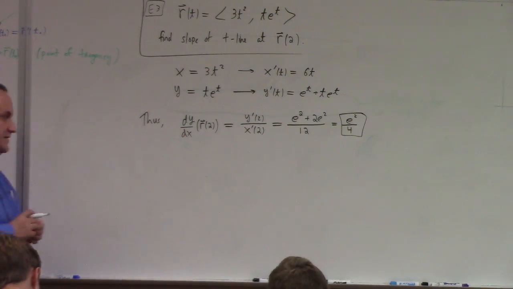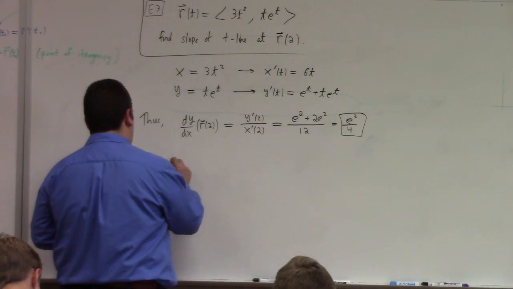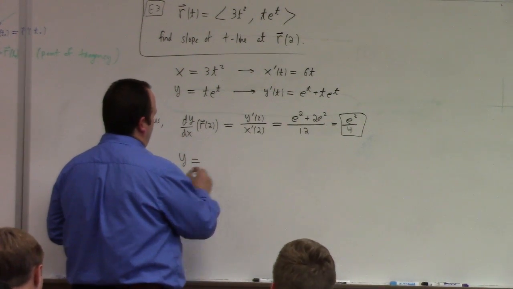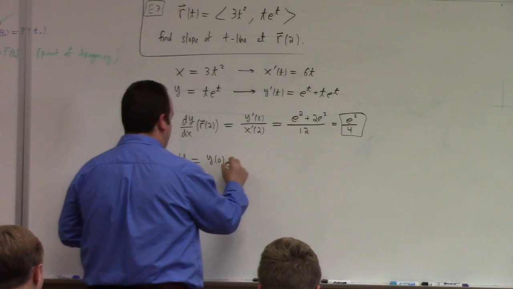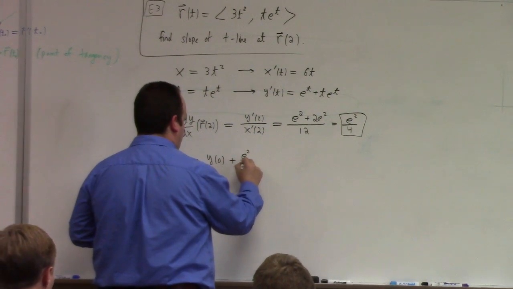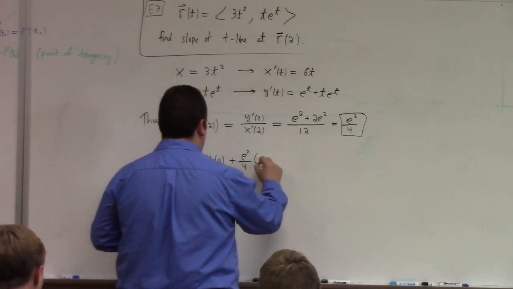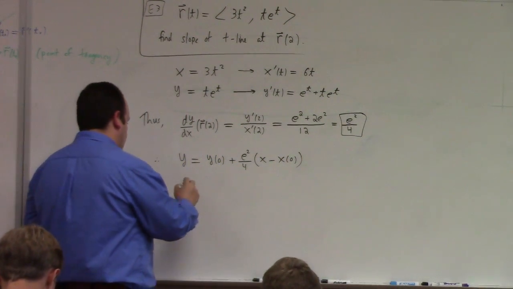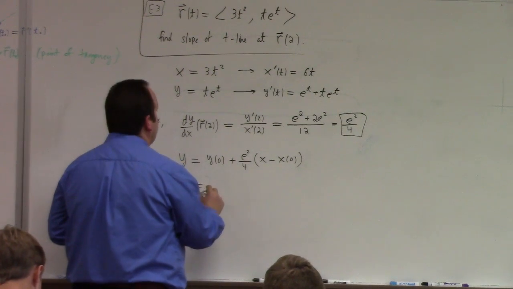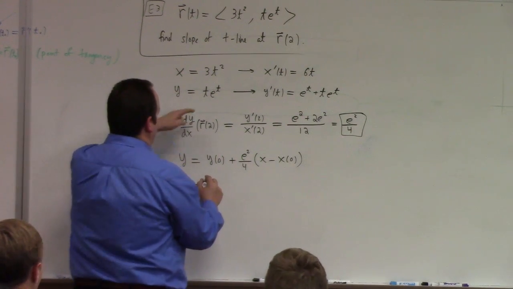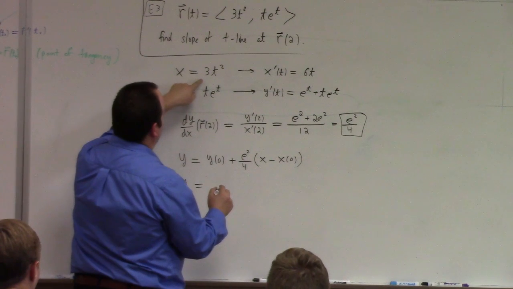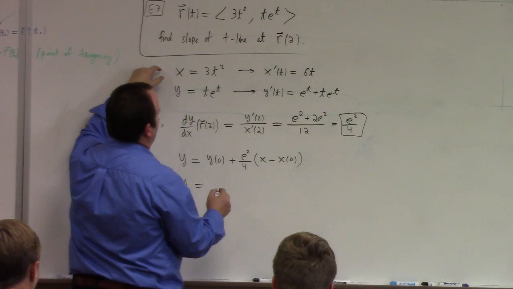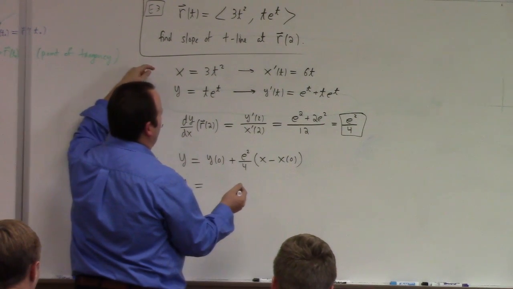If I wanted to write the Cartesian equation, y would be y of 0 plus e squared over 4 times x minus x of 0. This would be how I'd write down the equation of the tangent line in Cartesian variables. Wait, why am I putting 0 here? I'm an idiot.